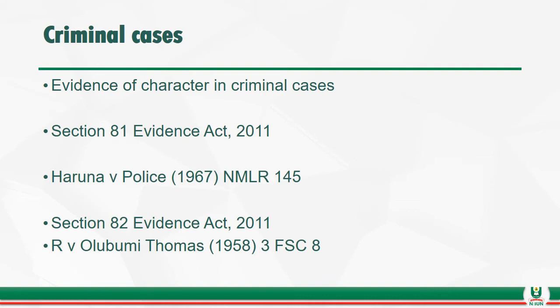So that is the rationale for excluding character evidence: to prevent bias, to preclude hasty conclusion on the part of the court that it was the accused person that committed the offense. In the next slide, you will be required to provide an answer to the question provided therein.